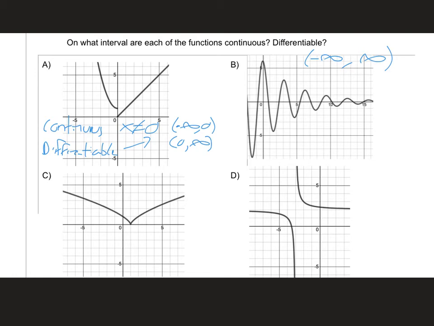Now here's an interesting one. What's happening here is we have this really sharp turn. And so we're going to run into the same problem that we ran into up here. What is the slope at x equals 1, at just that one point? As we approach from the left, we have a getting steeper negative slope.